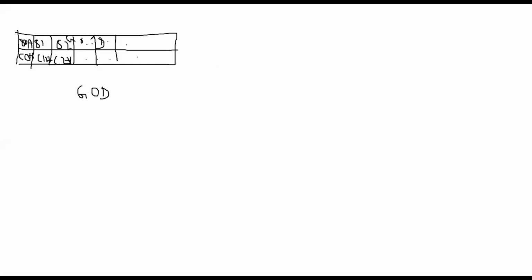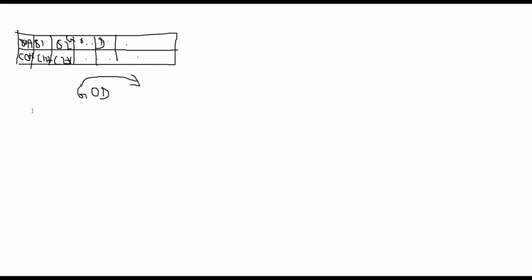In this case, I have to send the ASCII value of G to location 82H. And I don't have to send the ASCII value of O to 83H because the cursor will be incremented by 1 automatically. Are you getting or not?